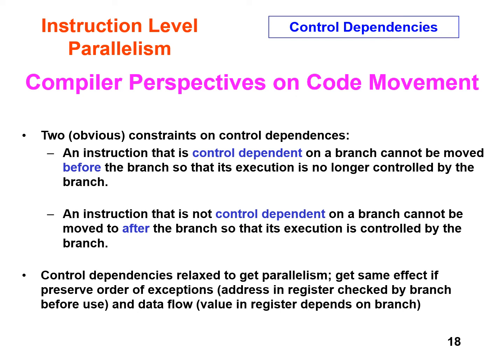Also, an instruction that is not control dependent on a branch cannot be moved to after the branch, so that its execution is controlled by the branch. So instructions within the branching statement we cannot move out. If we do, control dependencies will arise.